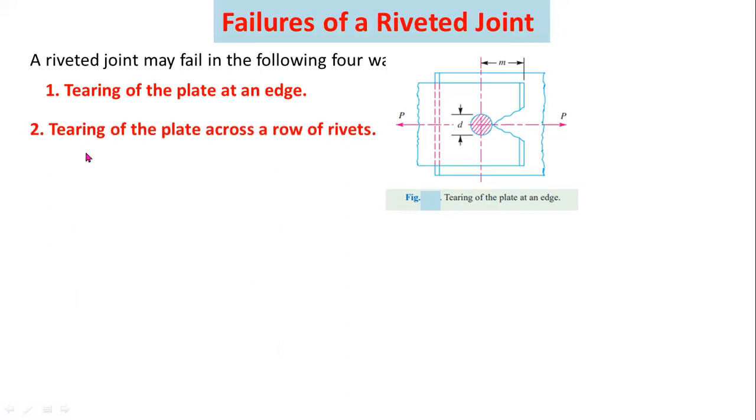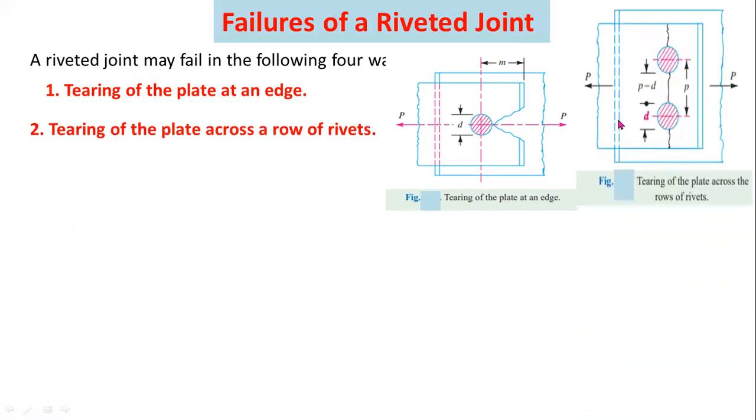Second failure is tearing of the plate across the row of rivets. Here you can observe tearing when you are applying tensile loads on the plates. Plates may fail across the row of rivets due to tearing. Third type of failure is shearing of the rivets.